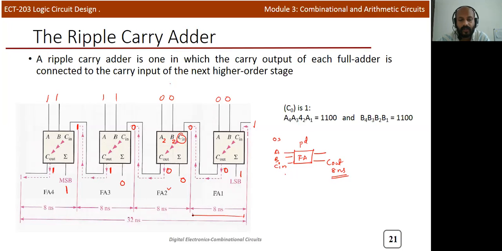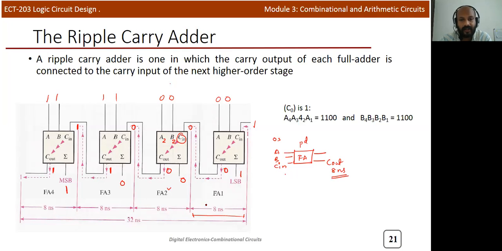Before that 8 nanoseconds the input of the second stage is available, but to get a proper output we need the carry out of the first stage. Only then can I calculate the carry out and sum of the second stage. So for that we need to wait 8 nanoseconds.